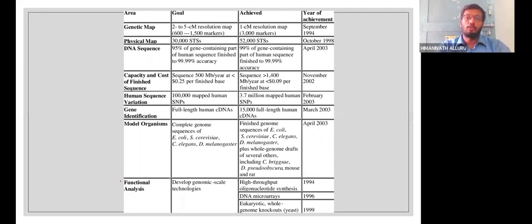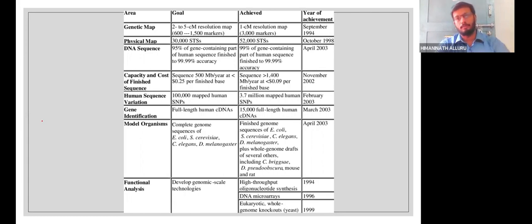We can show the children what milestones were achieved in this human genome project, whether they achieved their goals, or whether there is any variation. This particular table gives a clear indication of whether the goals were accomplished as per the plan.